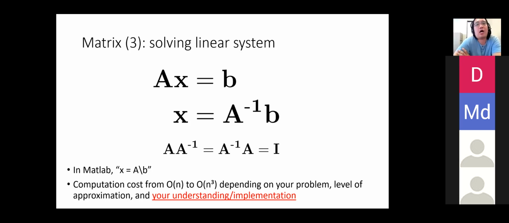The computational cost usually requires order n to order n cubed, so sometimes it is really expensive. If you understand the problem and the implementation, you can reduce it to a very fast implementation.